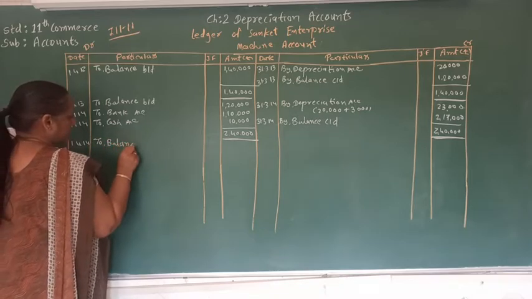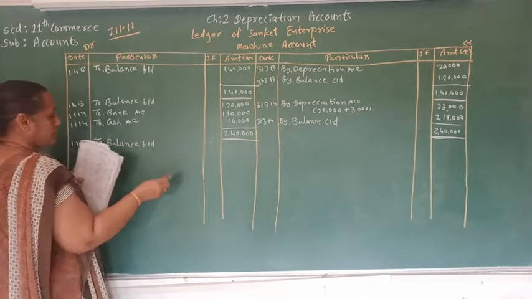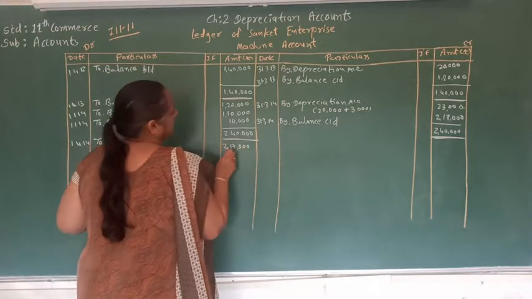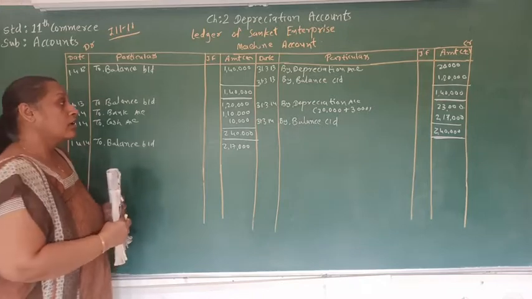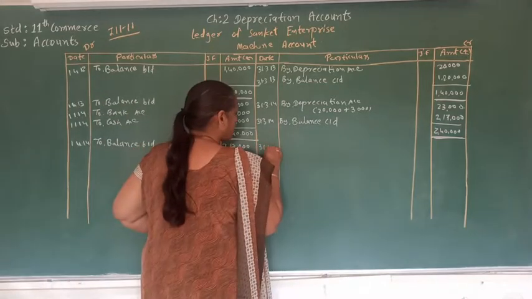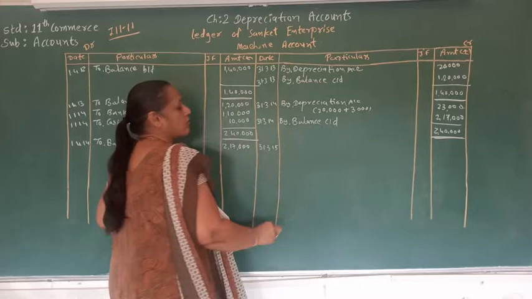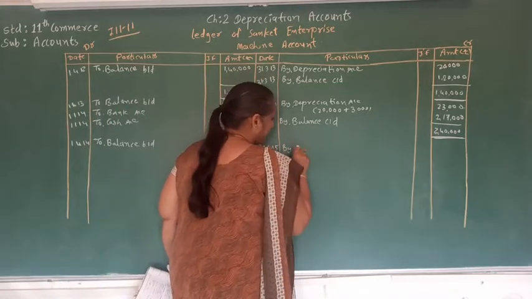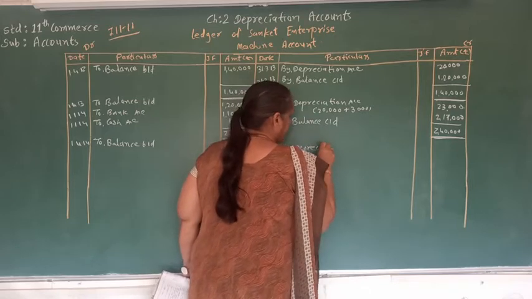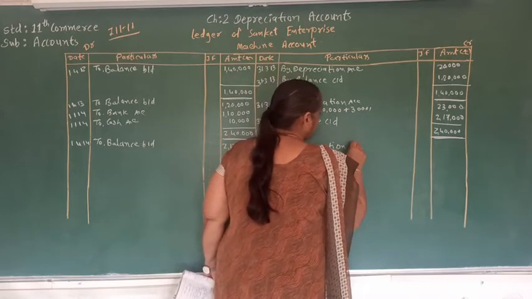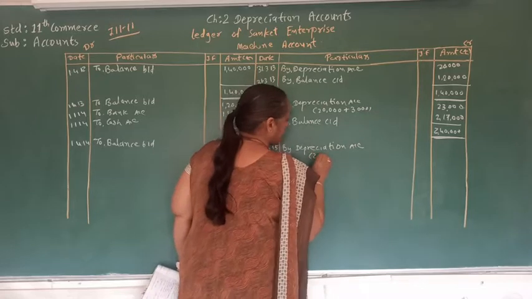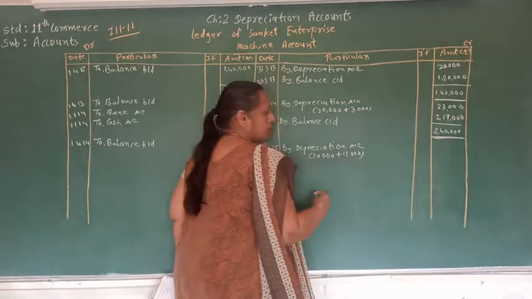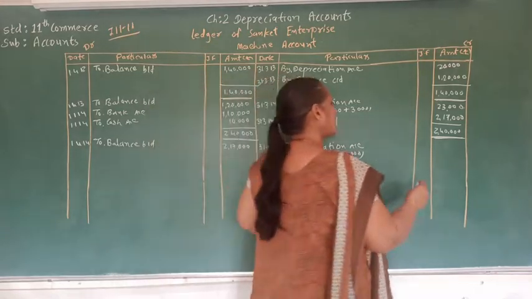Balance brought down, and it will be 2,17,000. Now at the end of the third year, we are going to provide the depreciation for both machines. That will be on 31/3/15, and total depreciation we already calculated by depreciation account. For the first machine, it is 20,000, and for the second machine, as it is used for the whole year, 12,000. So total depreciation will be 32,000.